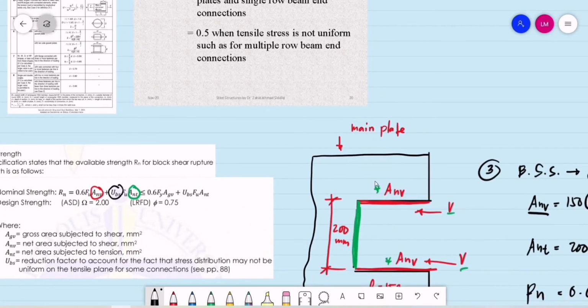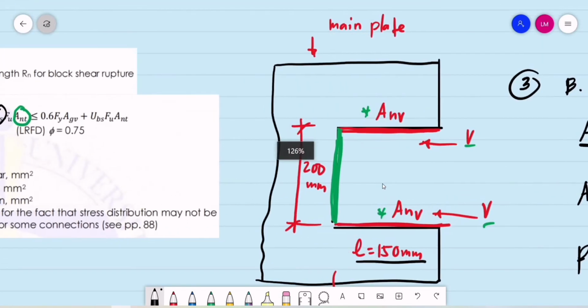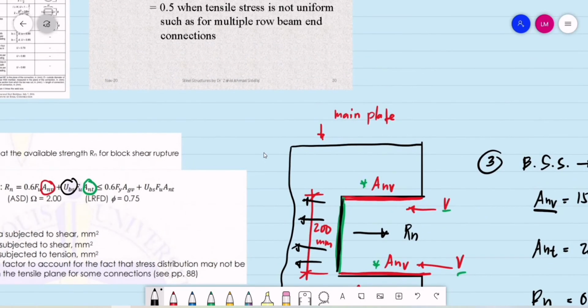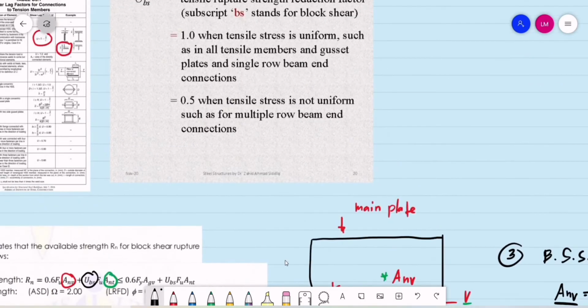But for the main plate, it is a single plate. So if this portion is acted on by a tensile force, the P sub N or the R sub N, we can assume that the stress will be uniformly distributed, since this is a single member plate.